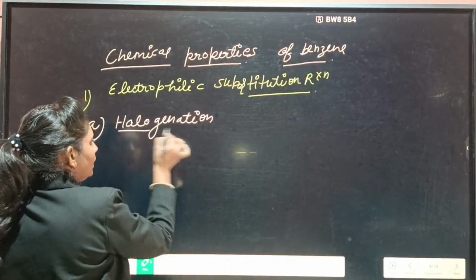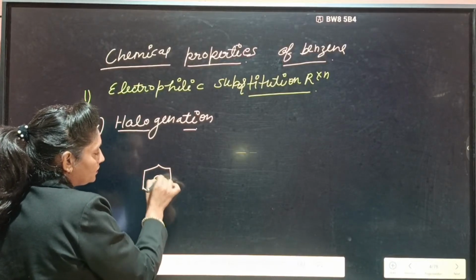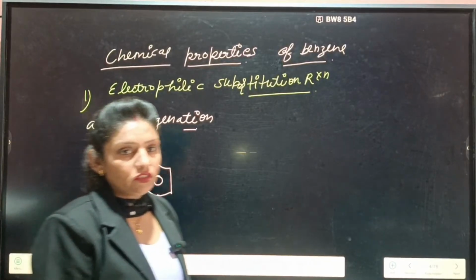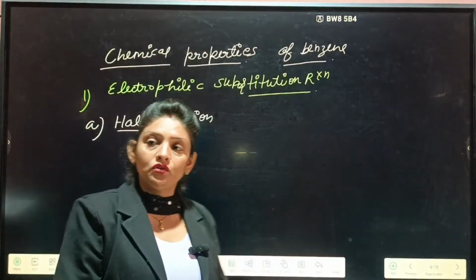Halogenation. If we have benzene, this is benzene. Halogenation means reacting with halogen, addition of halogen.